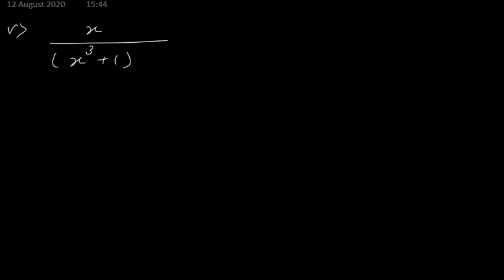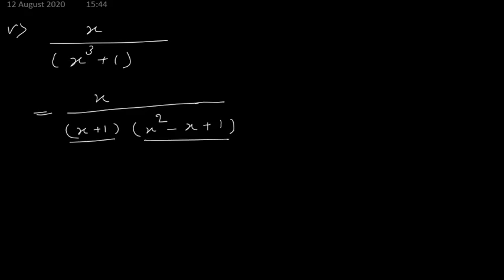This next problem, again here we can factorize this denominator. This is of the form a cube plus b cube. So you know the formula of a cube plus b cube: it is a plus b, that is x plus 1, then a square, that is x square, minus ab, so minus x, plus b square, that is plus 1. Now one factor is linear, the other factor is quadratic.